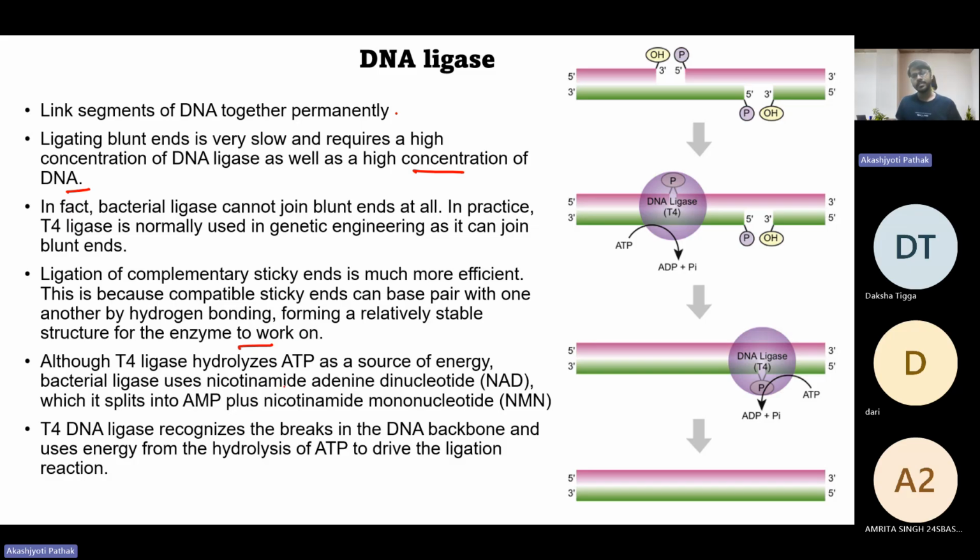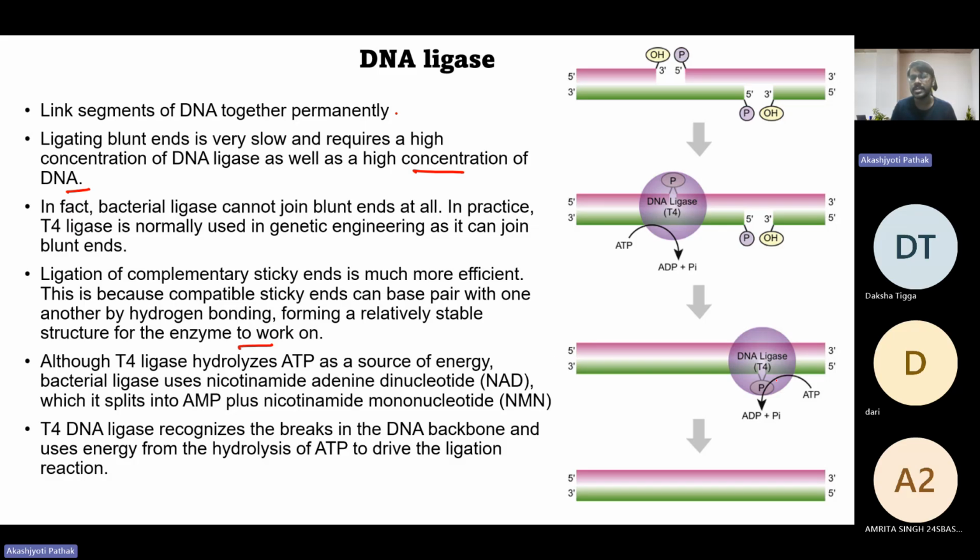Although T4 ligase hydrolyzes ATP as a source of energy, bacterial ligase uses nicotinamide adenine dinucleotide, which is split into AMP plus nicotinamide mononucleotide. There is a figure that was explained very nicely in the lecture, so you can go through that figure. Always remember that T4 ligase uses ATP.